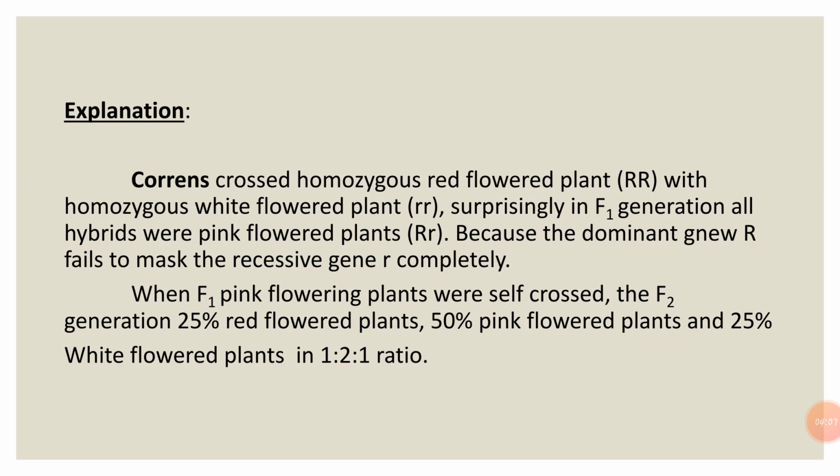In Mendel's experiment, the phenotypic ratio was 3:1 and the genotypic ratio was 1:2:1. So in the monohybrid cross of pea plants the phenotypic ratio was 3:1, but here in incomplete dominance the phenotypic ratio is 1:2:1.